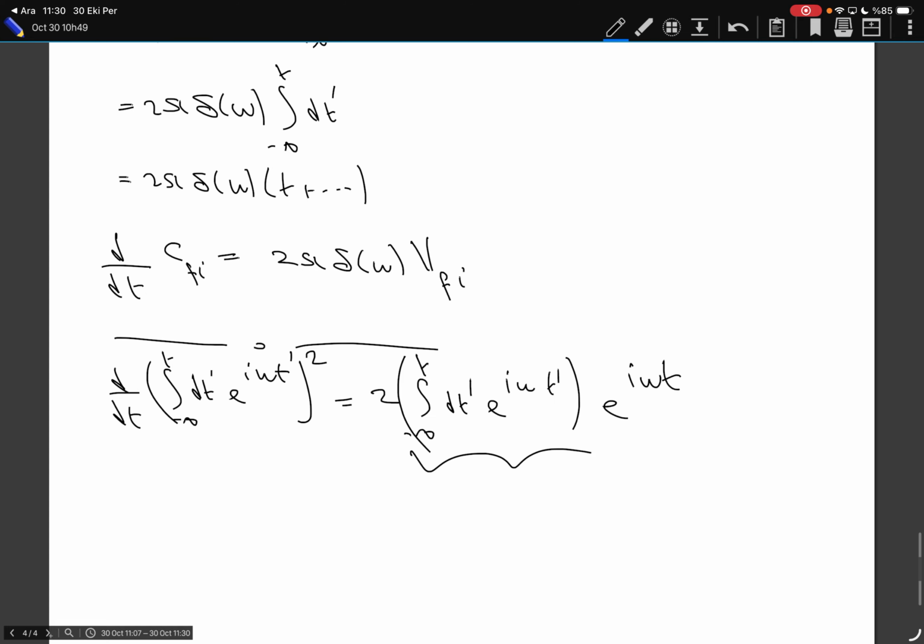Now, this first one, if T is large enough, it's a Dirac delta. Well, this is just 4 pi Dirac delta omega. Dirac delta omega, so this is 0. So this whole thing is 1.